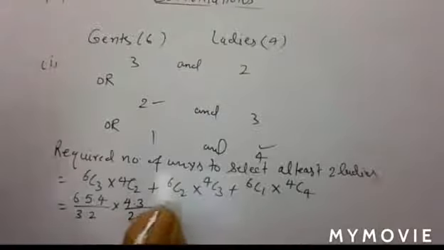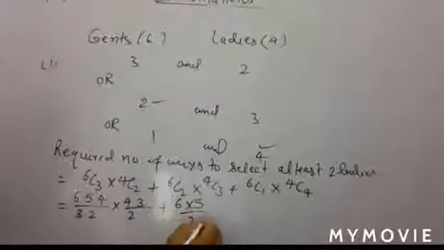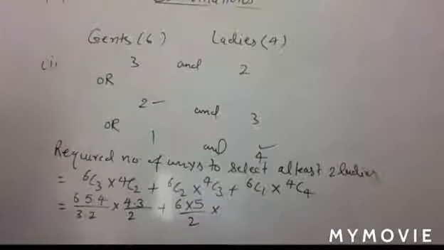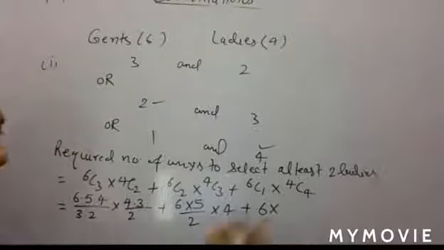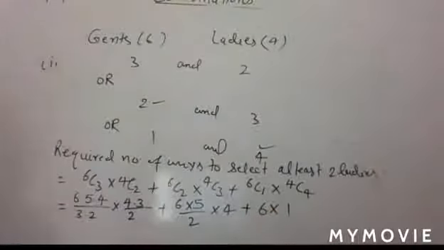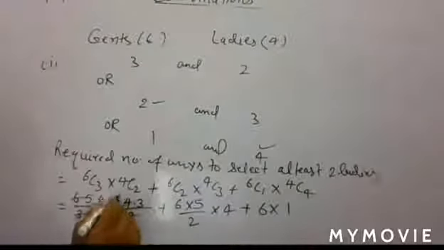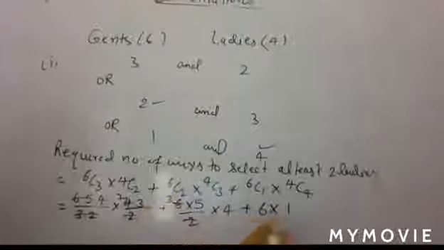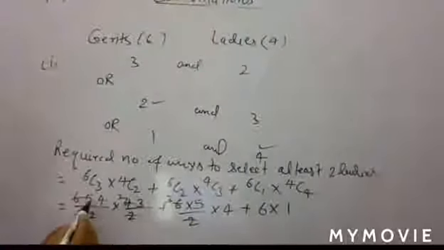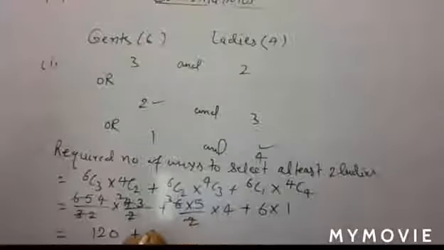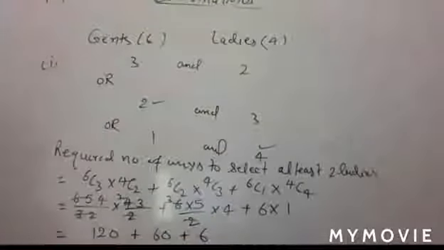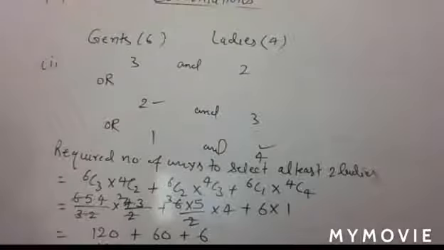Plus 6C2, which is 6 into 5 divided by 2, times 4C3, which is 4C1 equal to 4. 6C1 is 6, and 4C4 is 4C0, which is 1. Cancelling and simplifying: 20 times 6 is 120, plus 60, plus 6, which is 186. So in 186 ways.